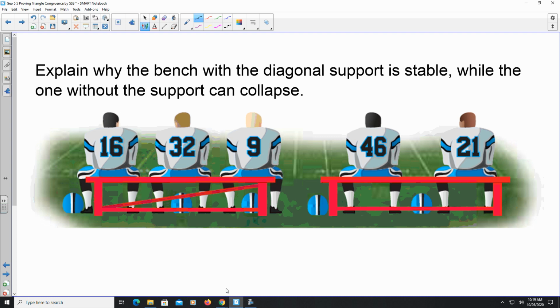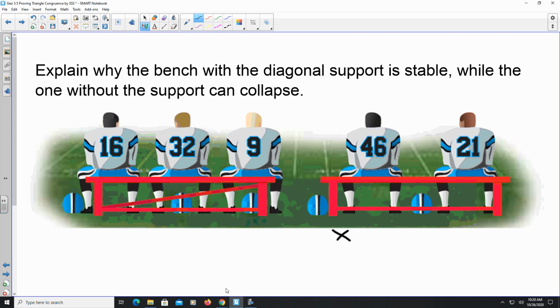By the side congruence theorem, these triangles cannot change shape, so the bench is stable. The bench without diagonal supports is not stable because there are many possible quadrilaterals with the given side lengths. Depending on how it is moved, it could be a rectangle, a parallelogram, and so on.